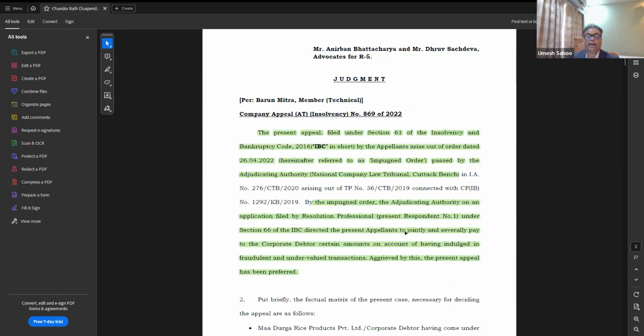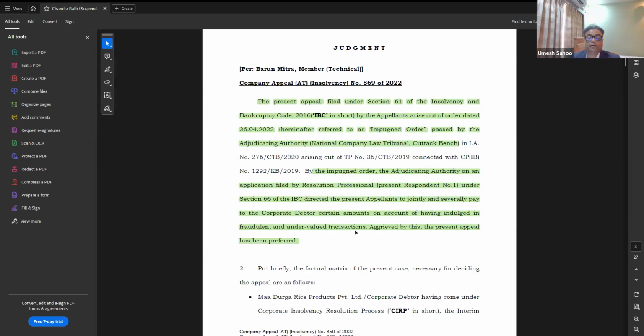The present appeal is filed under section 61 of the IBC Code against the order passed by the NCLT, which, on an application filed by the resolution professional under section 66 of the IBC, directed the present appellant, respondent number 1, to pay a certain amount to the corporate debtor, having taken the decision that this was a fraudulent transaction undertaken by the present appellant.